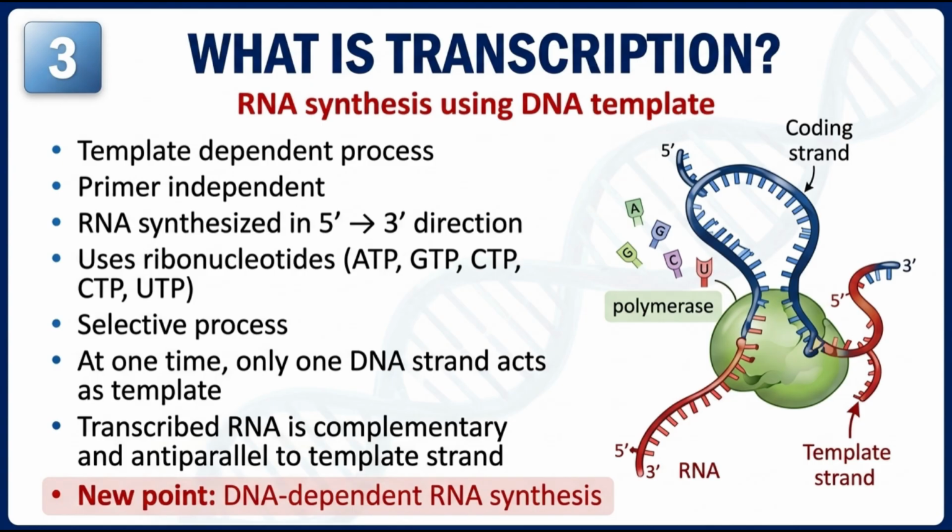Third, transcription does not require a primer, unlike DNA replication. RNA polymerase uses ribonucleoside triphosphates or rNTPs: ATP, GTP, CTP, and UTP. Only one strand of DNA acts as the template strand for a particular gene. The synthesized RNA is complementary and antiparallel to the template strand.